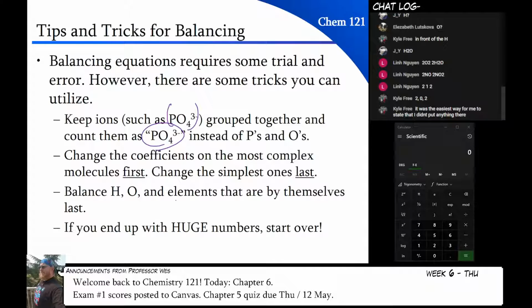You will end up with like an arms race where the left gets bigger and the right gets bigger, and it goes forever and ever. So if that happens to you, just start the calculation again and balance the equation from scratch to see if maybe you made an accounting mistake.